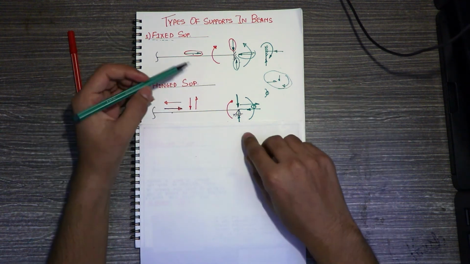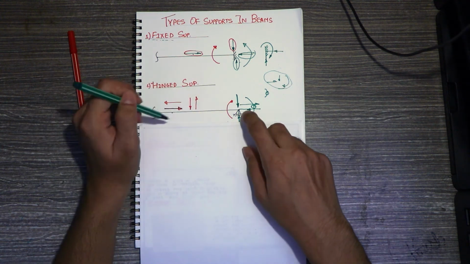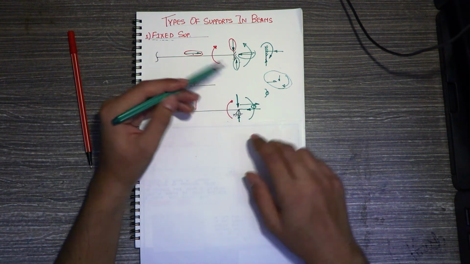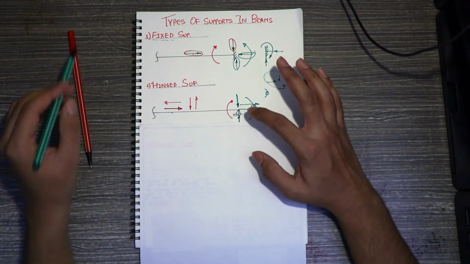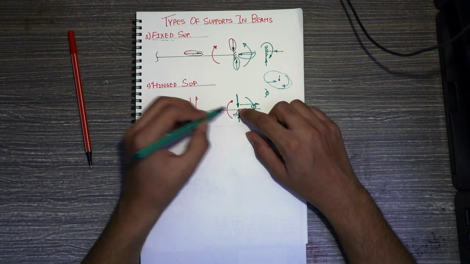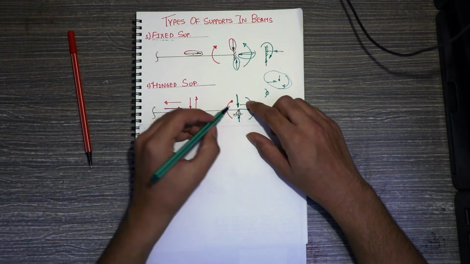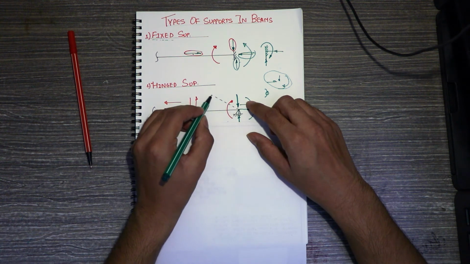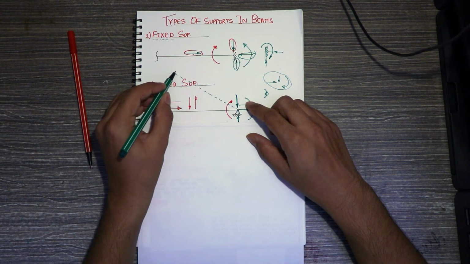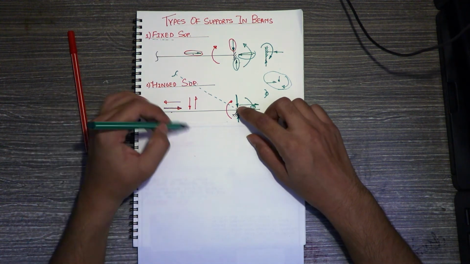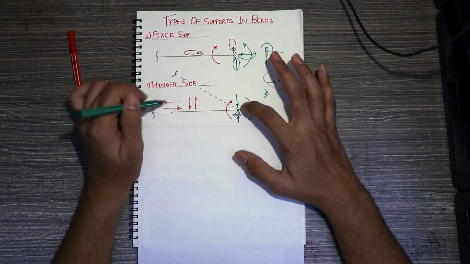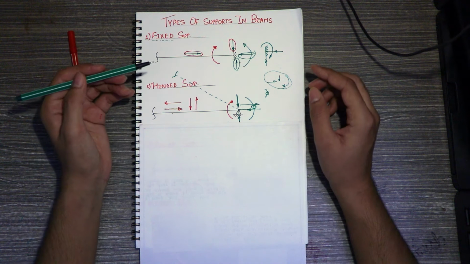If you apply a moment on a hinge, there will be no reaction generated. That means if you apply a moment over the hinge, then this whole beam will take its new position like this. Basically you will be able to rotate the beam about the point of hinge.